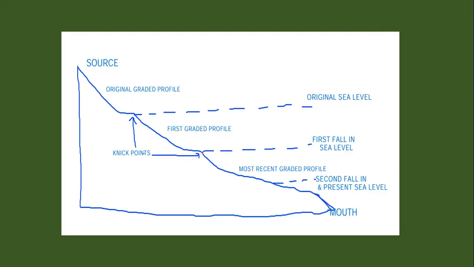When the gravitational potential energy increases, a river rejuvenates. The river starts vertical erosion again on its bed to achieve equilibrium on the slope of the land.